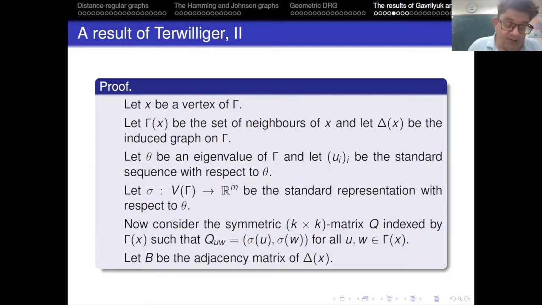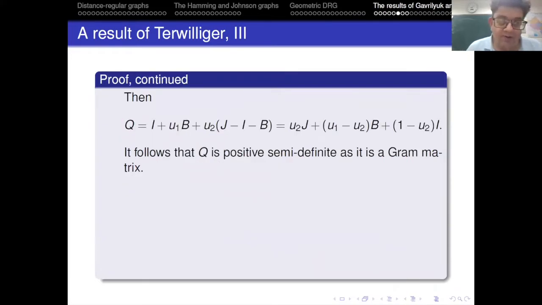Let B be the adjacency matrix of Delta(x). Then you can easily see that the matrix Q is I plus u_1 times B, since every two vertices at distance 1 have in the standard sequence inner product u_1, plus u_2 times J - I - B. You can write that as u_2 J + (u_1 - u_2) B + (1 - u_2) I. And we already said that Q is positive semi-definite.